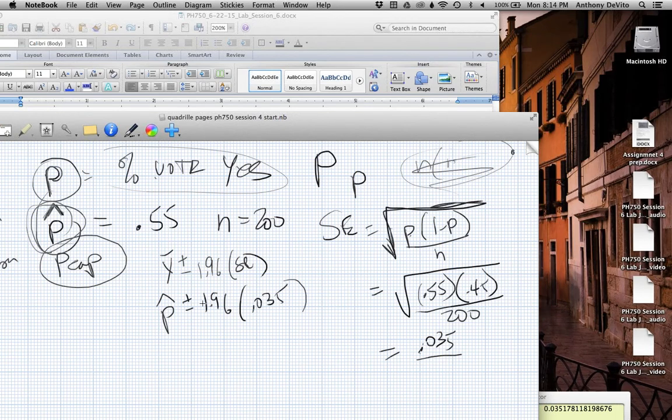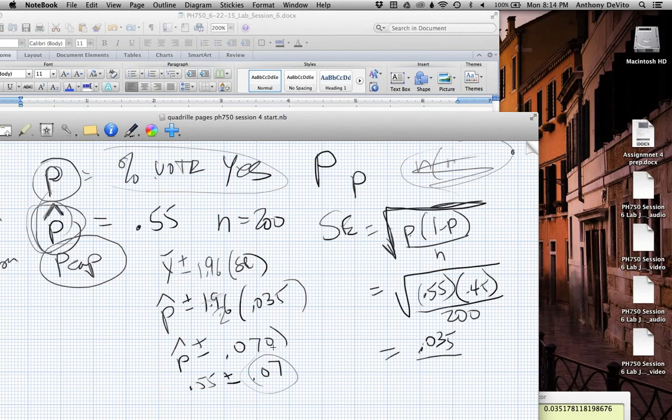For the moment, I'm going to make believe that this is 2 rather than 1.96. So it's going to be P cap plus or minus 2 times 3.5%, plus or minus 0.070, roughly 7%. So it's going to be P cap, which is 0.55, plus or minus 0.07. Okay, so now notice this is called my margin of error.